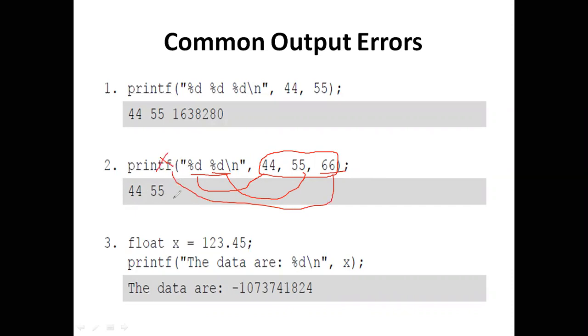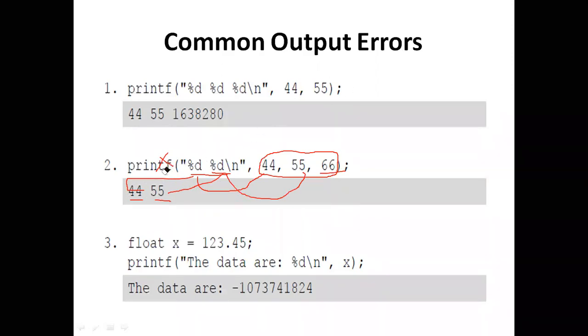Then the output only displays 44 and 55. Why does it not display 65? Because we are not having any format specifier for it. That's why it displays only 44 and 55.